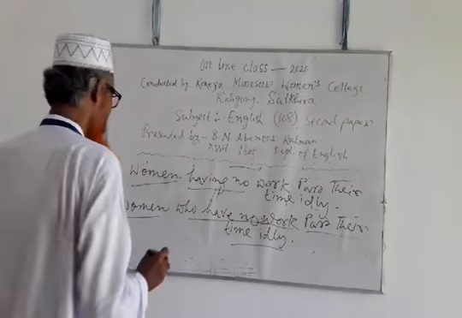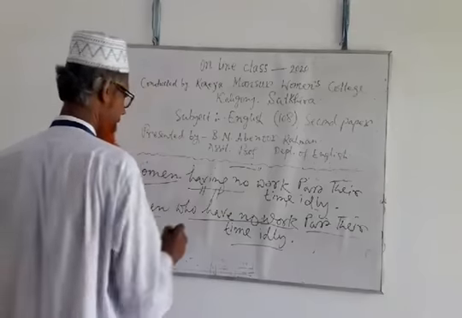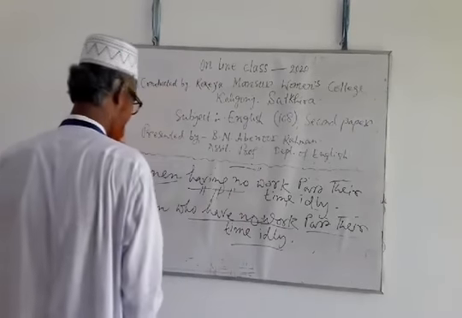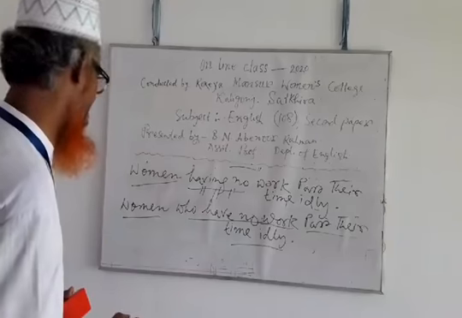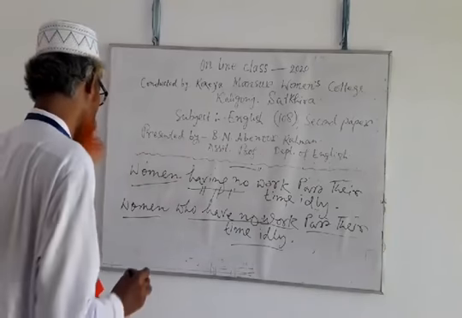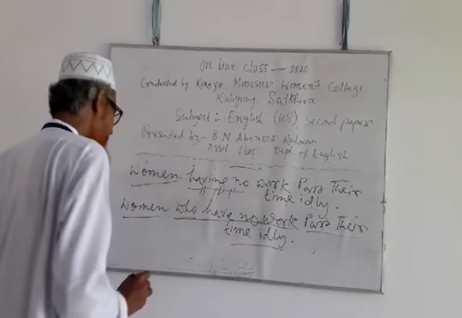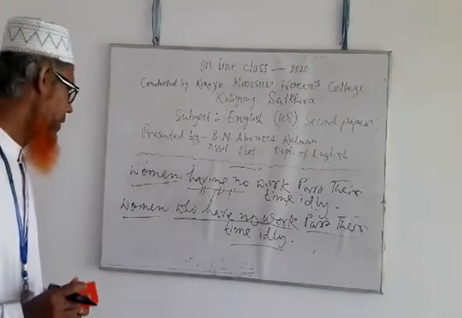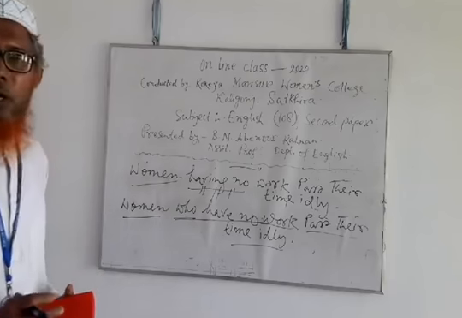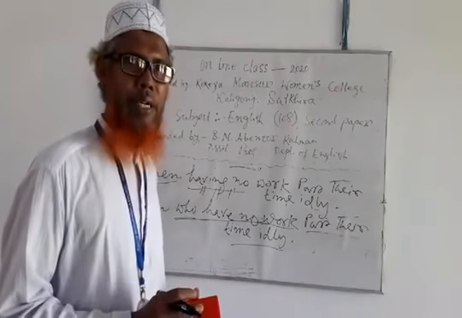Here in the simple sentence we have used having. It's a perfect participle. And in the complex sentence we have used here have. And we have used here who. Who indicates person. Who, whom, whose indicate person. And which or that indicates a material or thing.